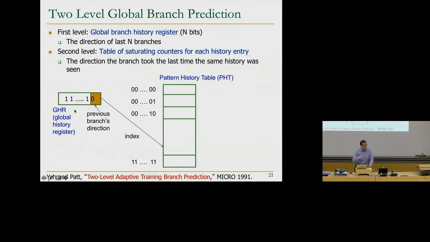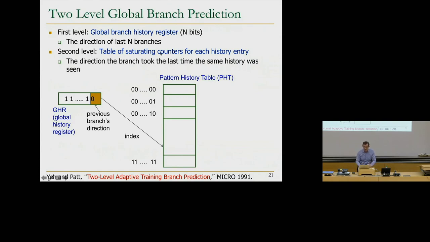So we're going to keep updating this history while the machine is running. If a branch is predicted taken, we're going to shift in a 1 to this, and then shift out the oldest outcome. If the branch is predicted to be not taken, we're going to shift in a 0 over here, and shift out the oldest one. So you keep updating this history. It encodes the directions of the last n branches, okay?